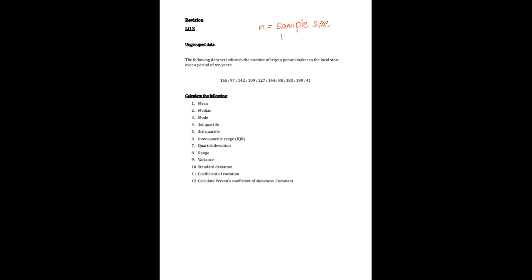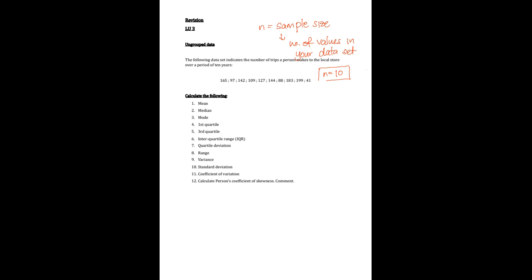I'm just going to write that here as well. In this particular data set, if you count the values, N is equal to 10. So there are 10 values in total.